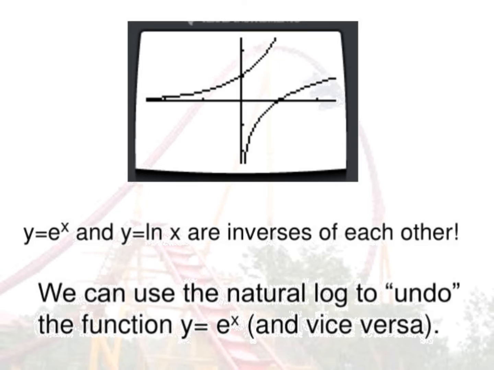So meaning we can use the natural log to undo the function y equals e to the x, and vice versa.